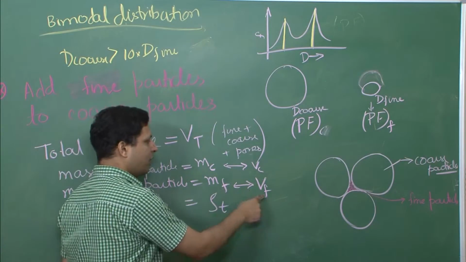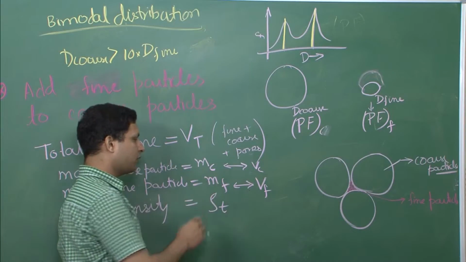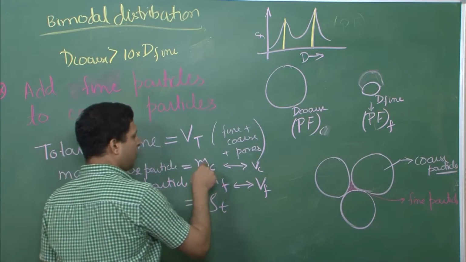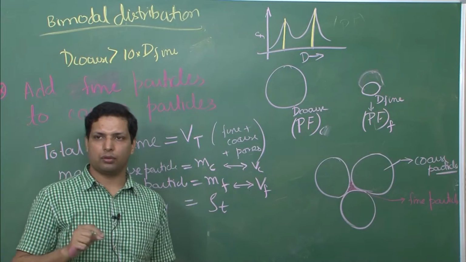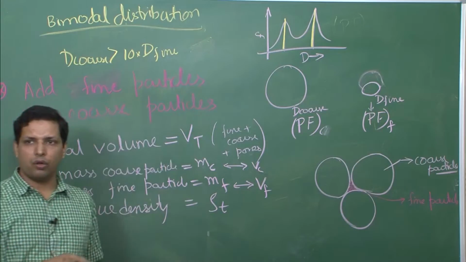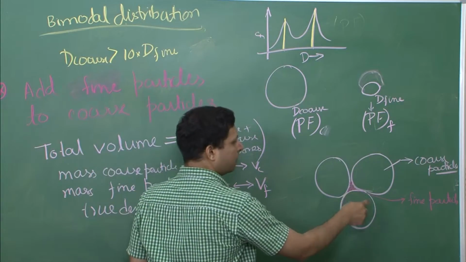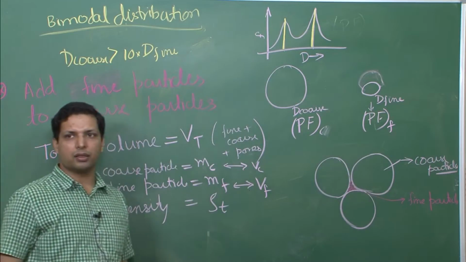If we take MF by Vf, that will also be the true density, because we are talking about the mass of the fine particles and only the volume taken by the fine particles. However, if we take MC by Vt, then that is lower than rho T, because now we are talking about the whole volume, which, if there are no fine particles, includes the coarse particles plus the pores between them.